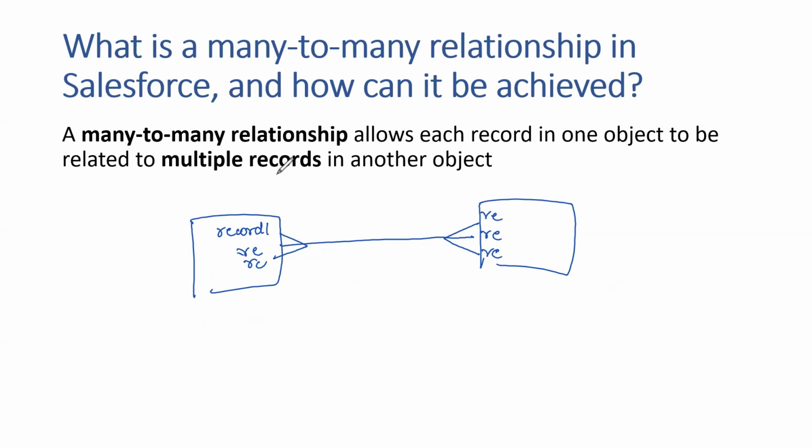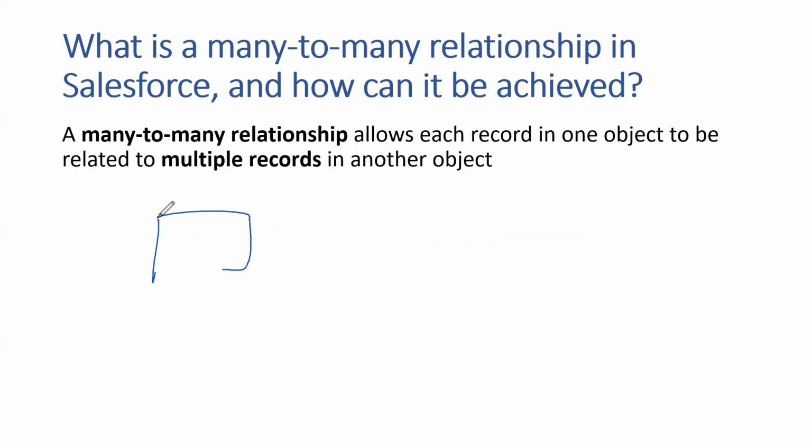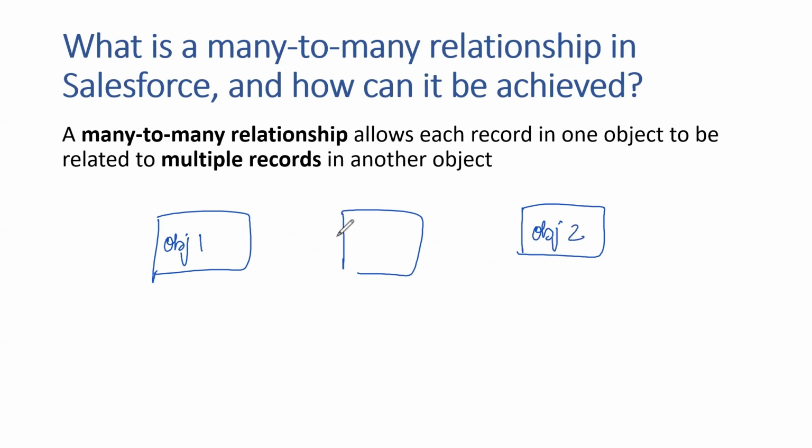Now we cannot achieve a many-to-many relationship directly in Salesforce, so there is no direct way. There's an indirect way of achieving a many-to-many relationship, that is using the junction object. So what we do is, we usually create a junction object. So we have got this object 1, object 2, and we create a junction object.